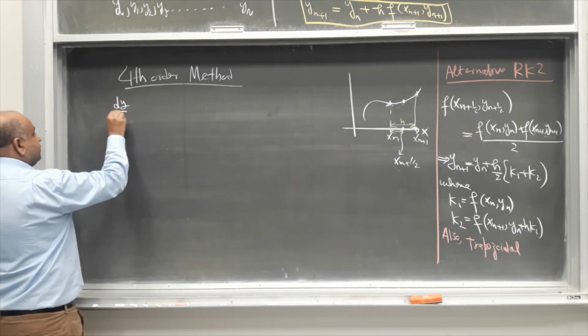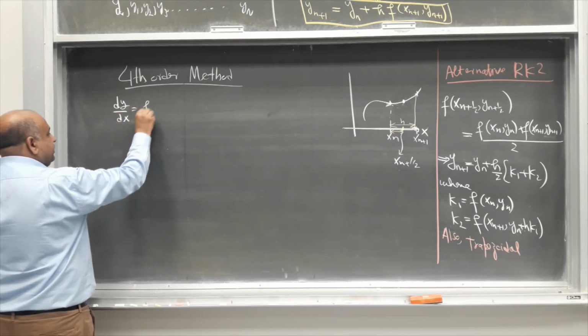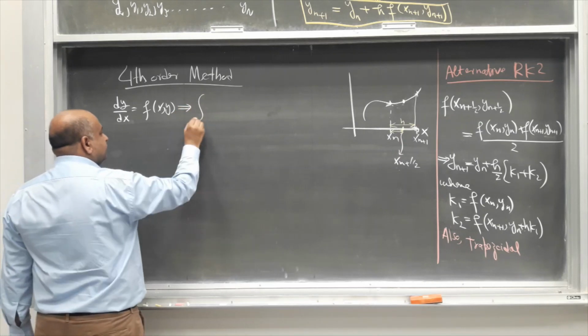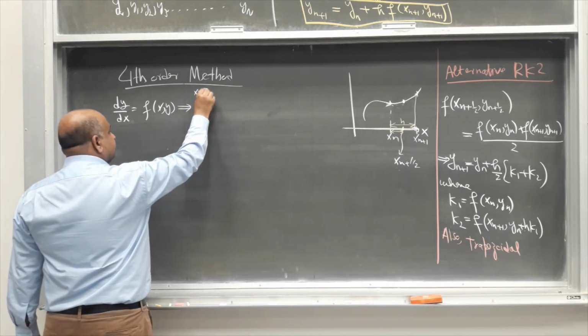So just to start from the beginning, we have this equation, and we integrate it from xn to xn plus 1.